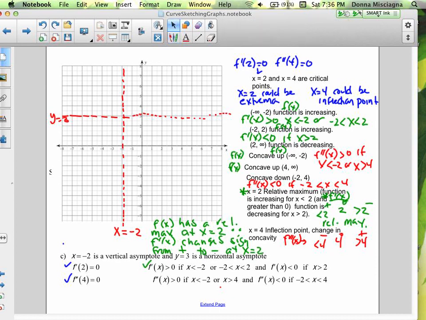Much cleaner there. That's what I get when I'm writing it instead of typing it. So that's our relative max. Let's just put that in there.